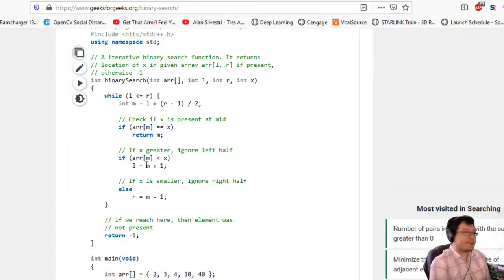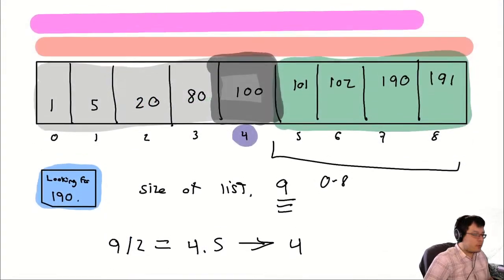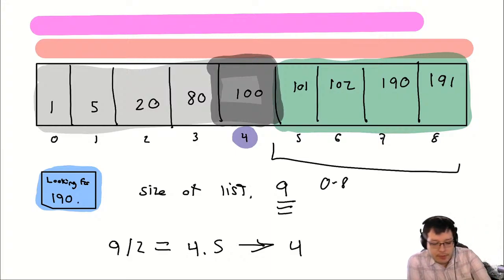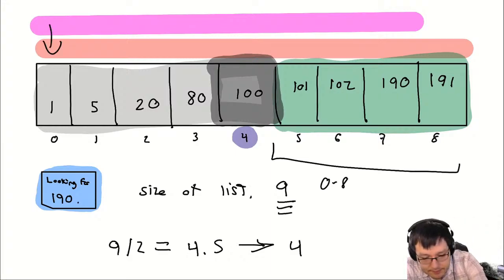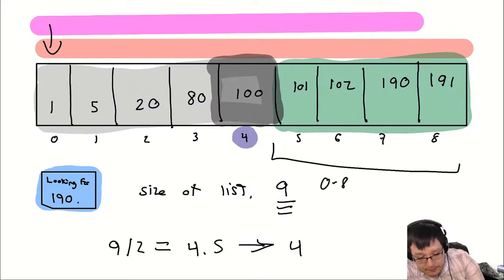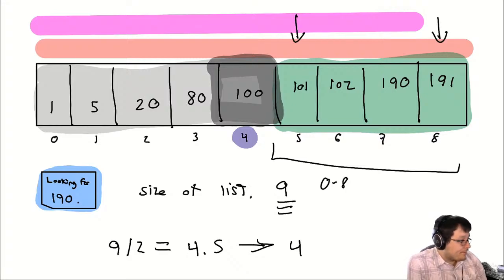What does that mean? Back to the Twitch chat, in the start of this, we started with a big array, and we have our left and the right basically pointing to the beginning and the end of the array, right? Like that. From there, the next thing we did was we had it pointing here and here.